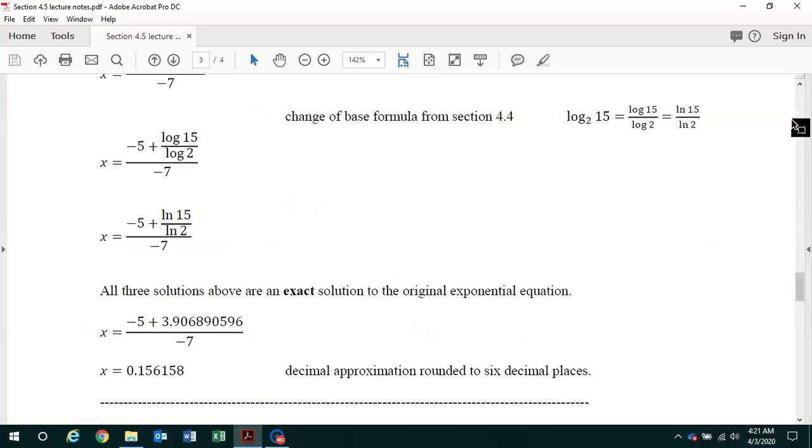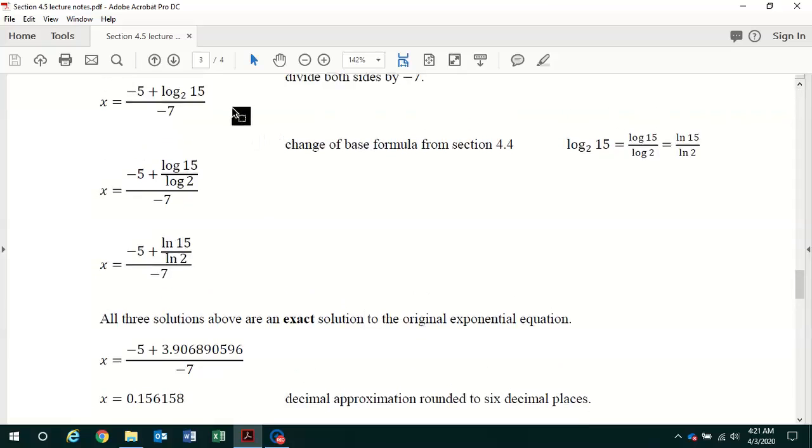And so log base 2 of 15 is equal to the common log of 15 divided by common log of 2, which is equal to the natural log of 15 divided by the natural log of 2. And so all 3 of those are equal to 3.906890596, 9 decimal places. And so when you replace all 3 of these with this number, now we're going to get the decimal approximation.